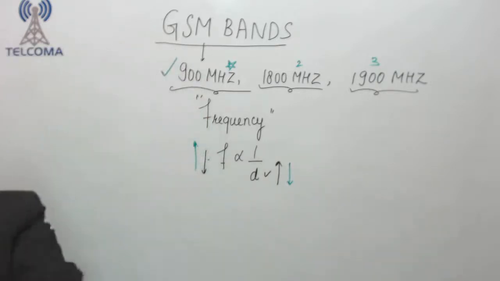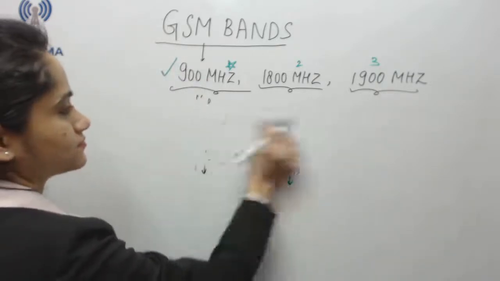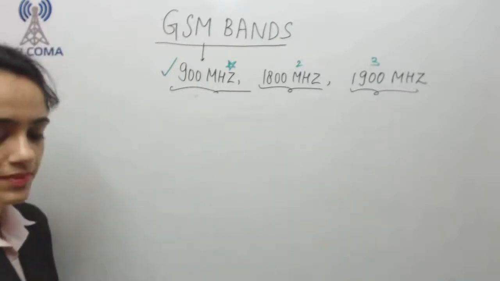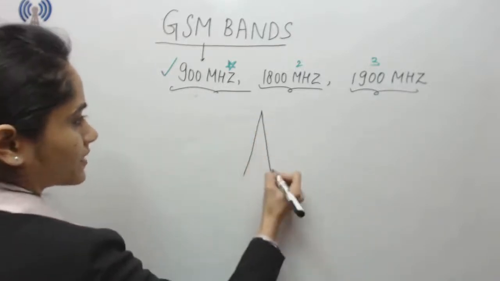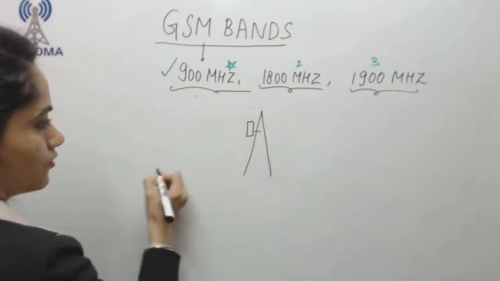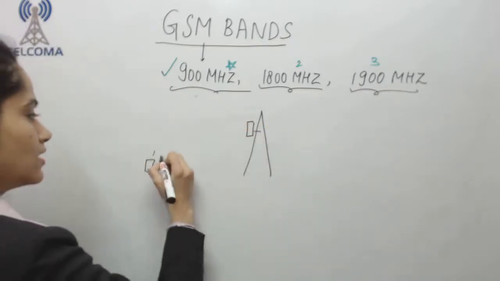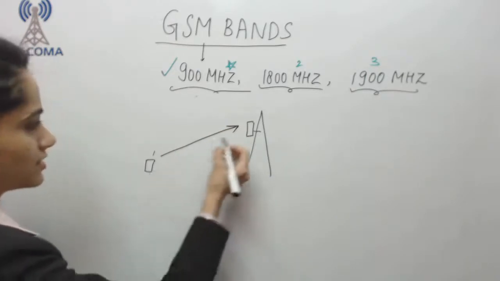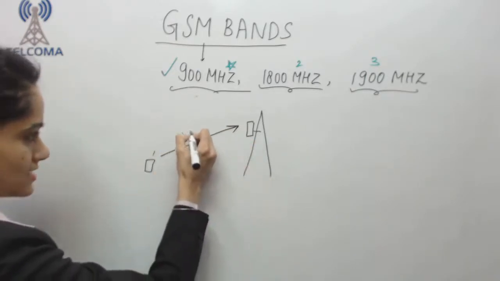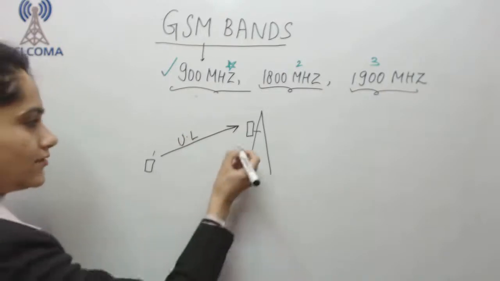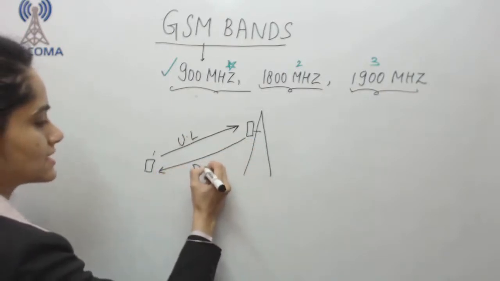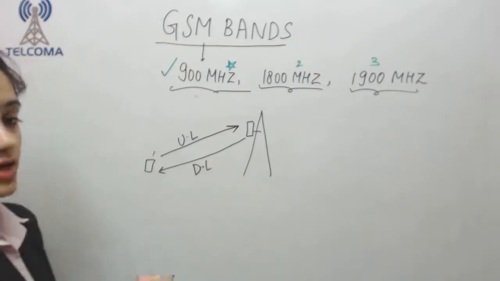Now let's discuss the very first band, which is 900 megahertz. Take a network and a user. When the user communicates with the network, we call this link the uplink, and when the network communicates with the user, this link is the downlink.